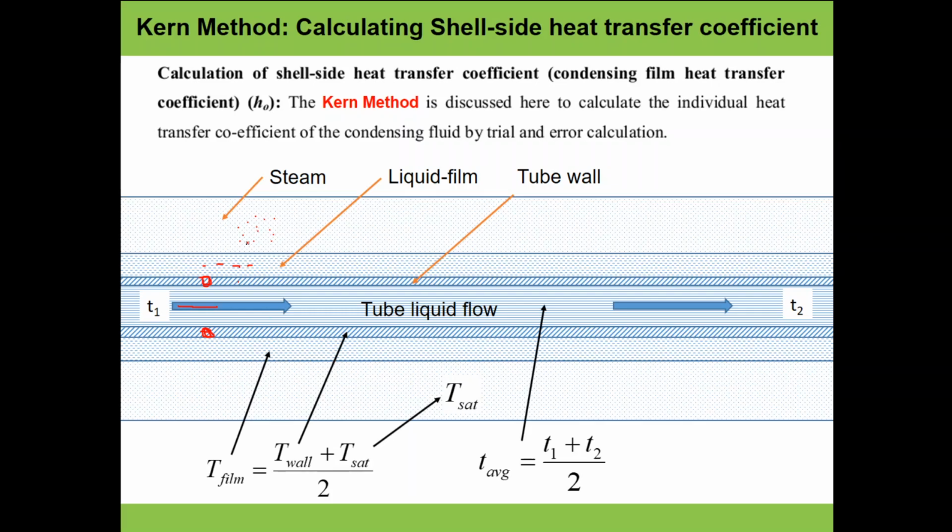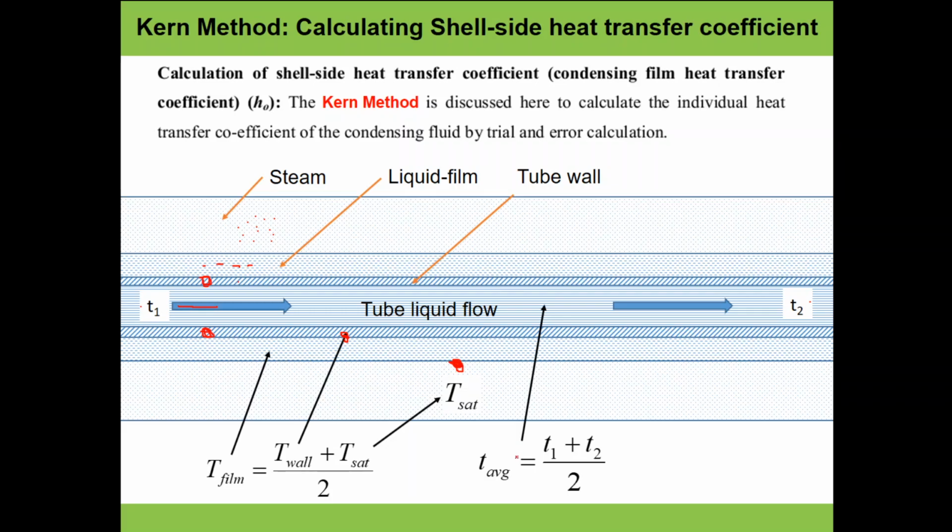The steam temperature near the liquid film is T saturation, and the temperature of the tube wall is T_W. The liquid inlet temperature is T1 and the outlet temperature is T2.